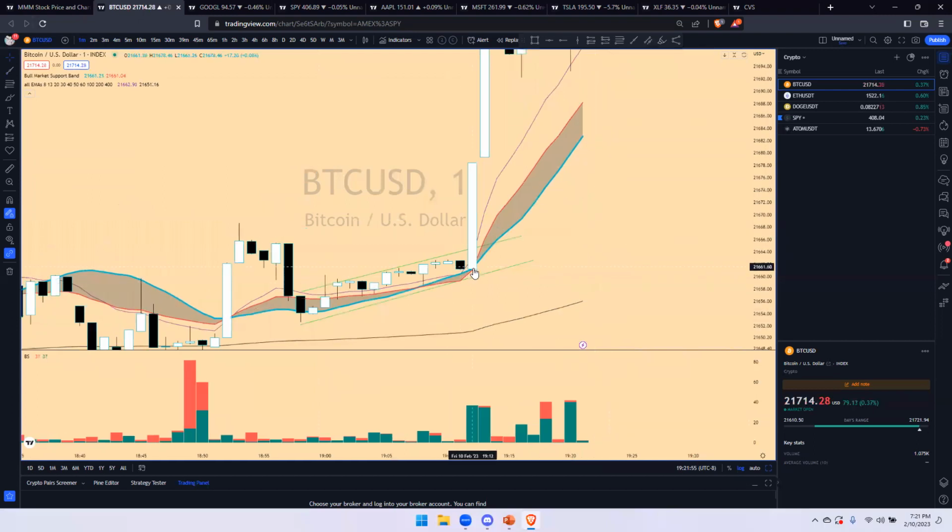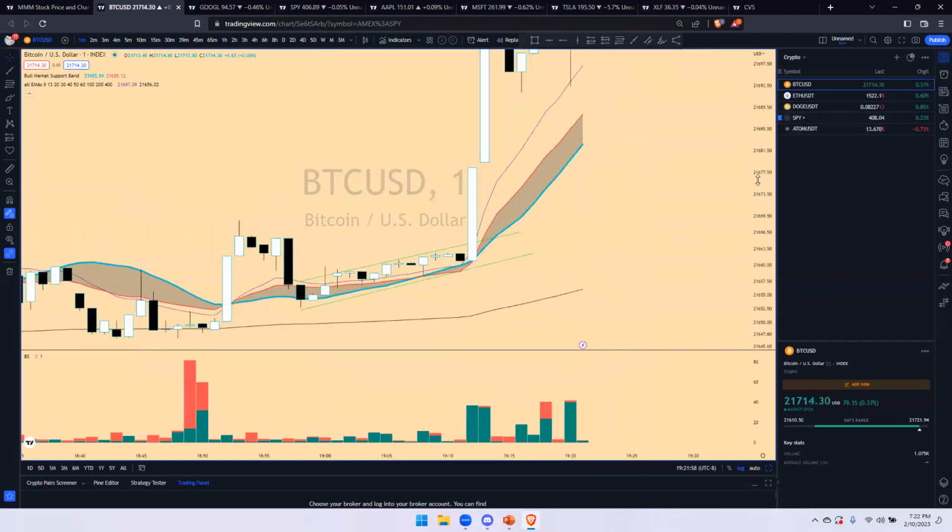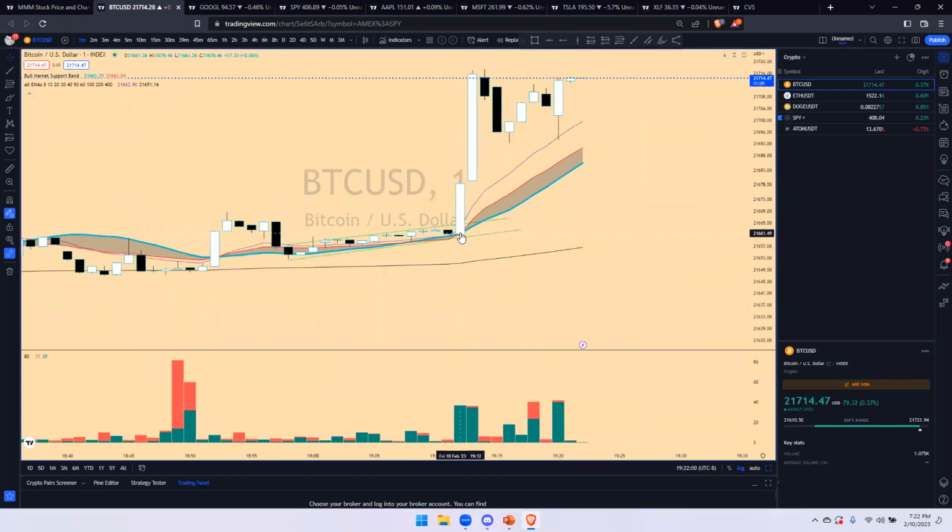Actually, no. As soon as the cross happened, if you got in, you're good. This is an example of the cross happening on a huge candle. You kind of just gotta get in, because it's a scalper strategy. The cross happened, you should be out by now. I don't trade Bitcoin, but I'd imagine this is on like 200x leverage, a huge move.